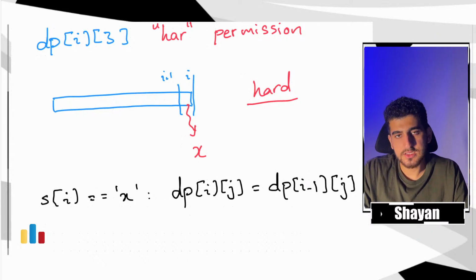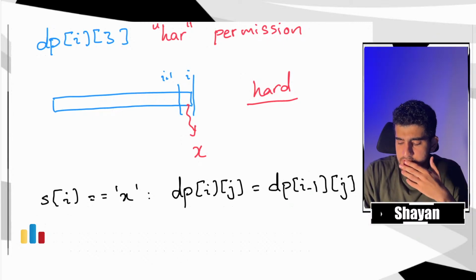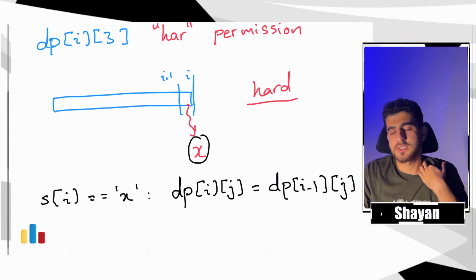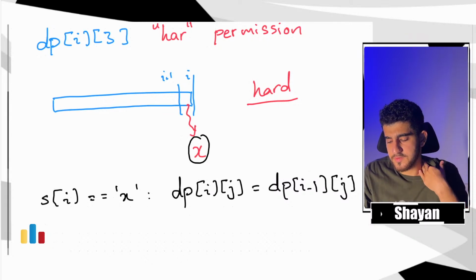So in this case, we do not even need to consider removing this character. This character has no relationship with any of them.